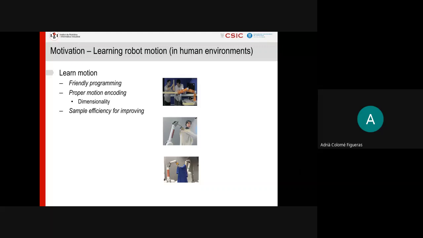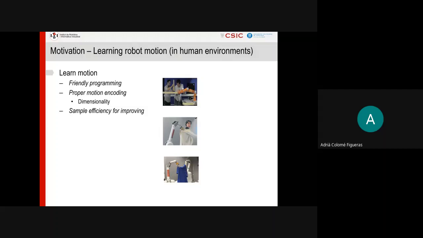But then the robot needs to try to improve through experience, and it needs to get as much information as possible from the samples that it generates, because in some cases we can have many samples, much data for the robot to learn, but in many real robot applications it is not the case. So when there are only real robot executions that can be used for the robot to learn, then sample efficiency becomes very, very important, and any information that is lost in the process of learning is something valuable that we missed.